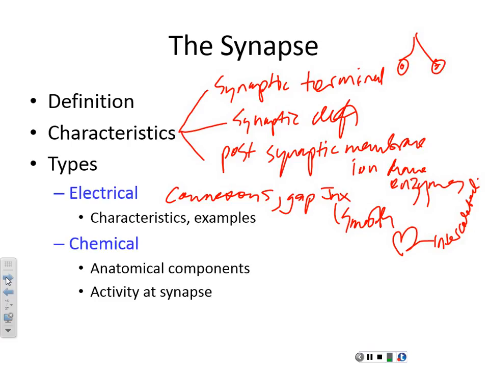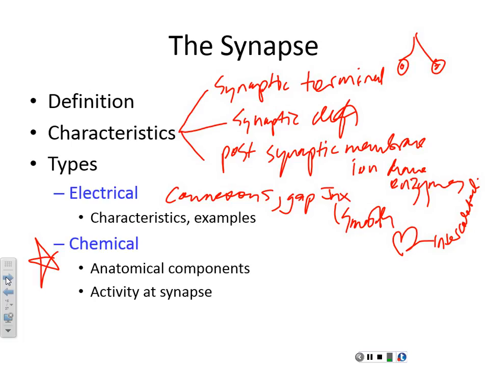It gives the ability of a smooth muscle to contract as a unit. All the muscles contracting as one, because the gap junctions allow that quick movement of the action potential across all the cell membranes as if it's just one membrane.